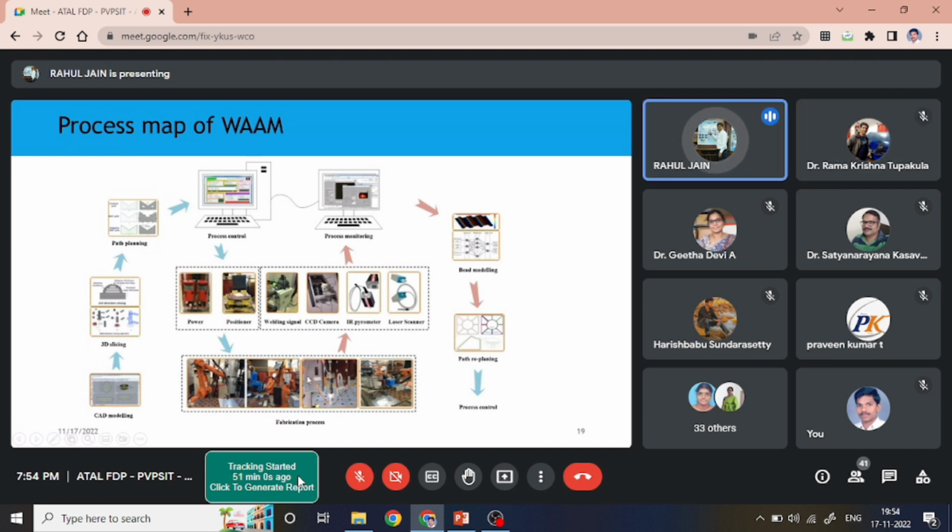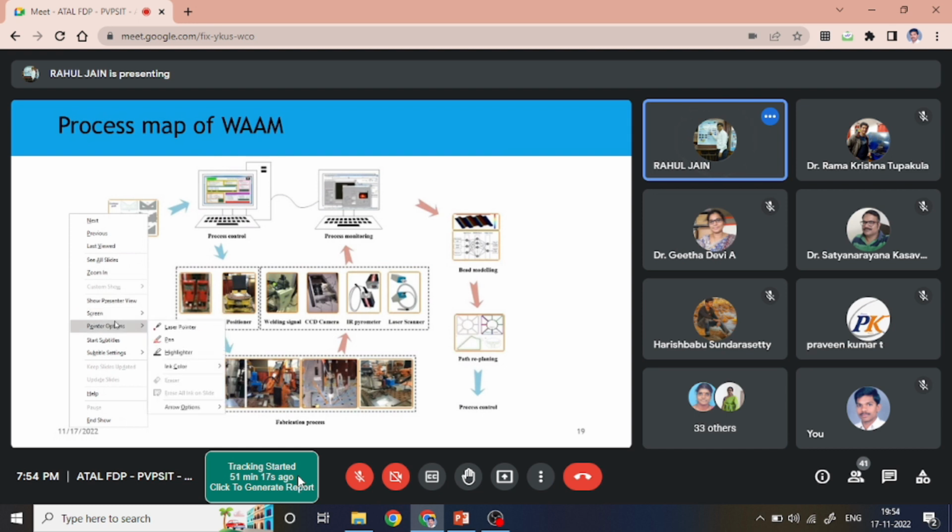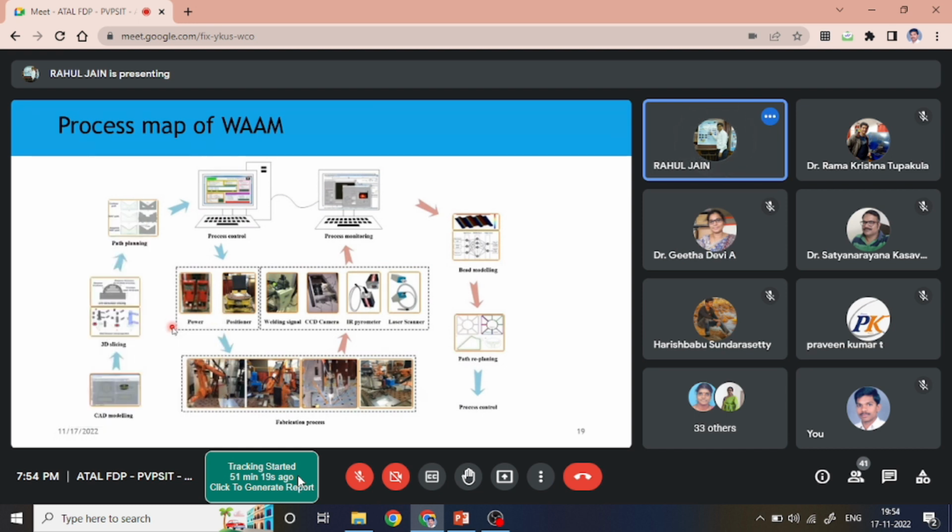Right. So what we are seeing here in the process map is where this entire thought of IoT or real-time control mode starts.